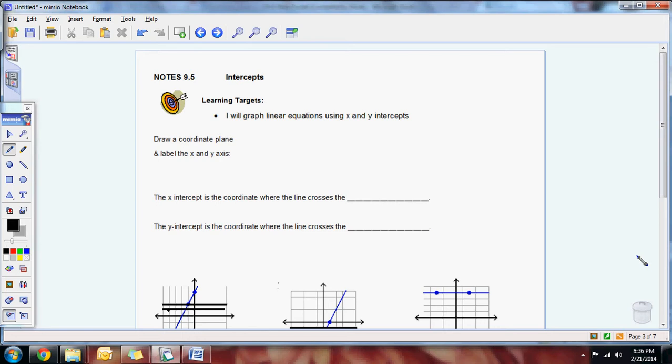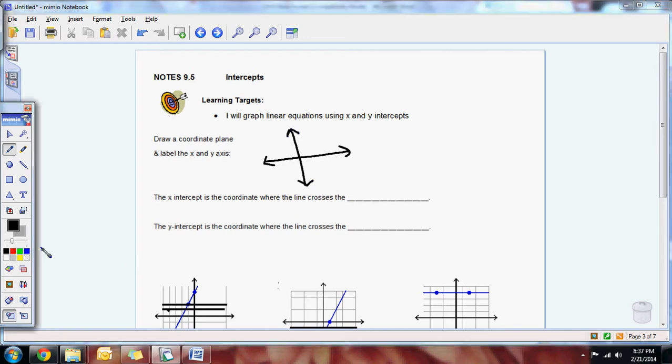So before we get into it really, let's draw our coordinate plane and talk about what we know. So our coordinate plane is where we're graphing all these linear equations. And hopefully by now you know that this vertical line is the y-axis and the horizontal line is the x-axis.